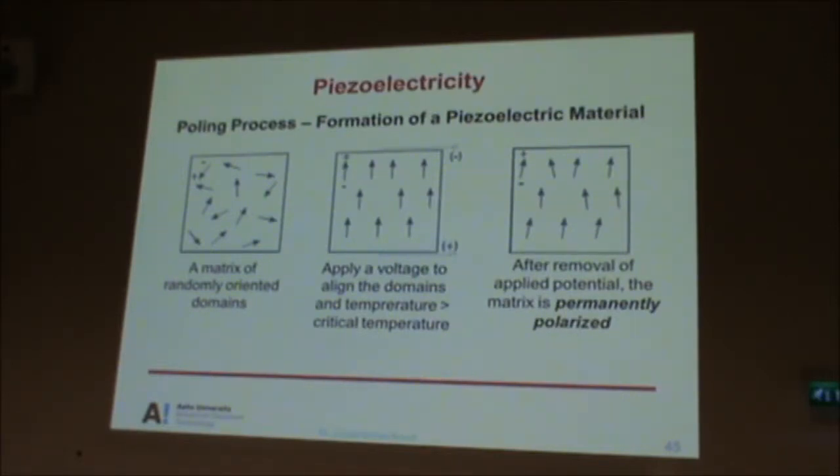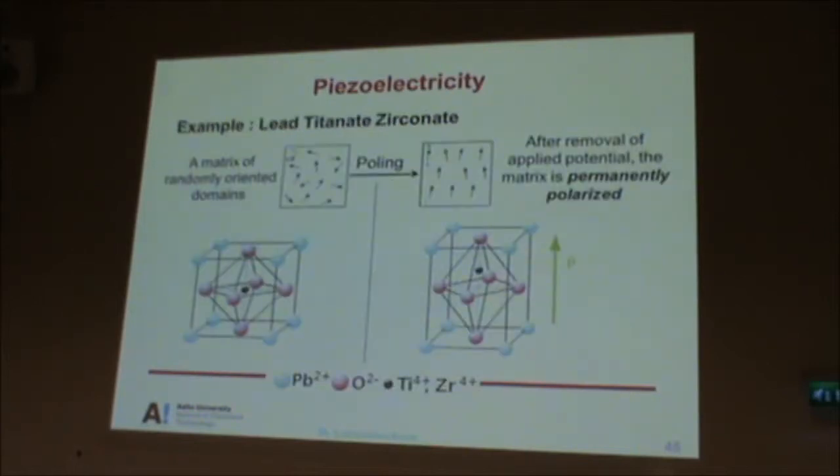And if you do this at a very specific temperature, then once the voltage is removed, the rearranged dipole moments tend to stay there. They don't go back to random. Okay, and this process, where you apply a voltage and then make it polarized, that entire process is called poling. Here is a specific example of why poling happens.